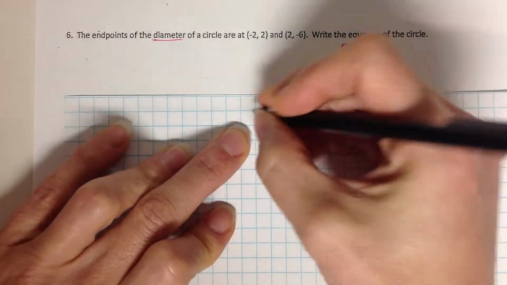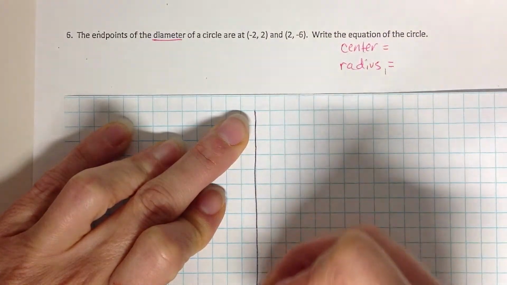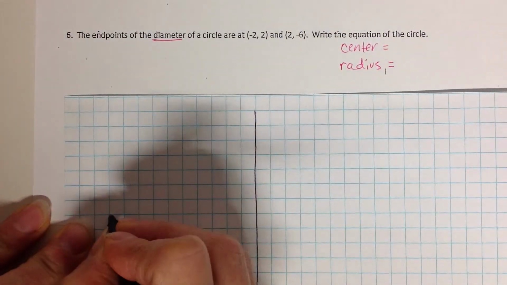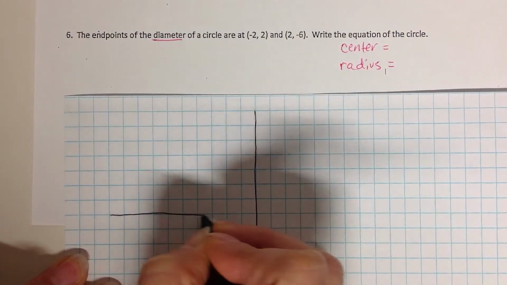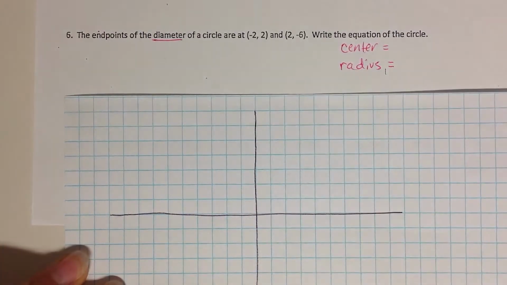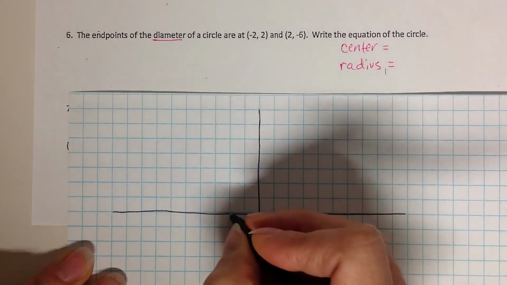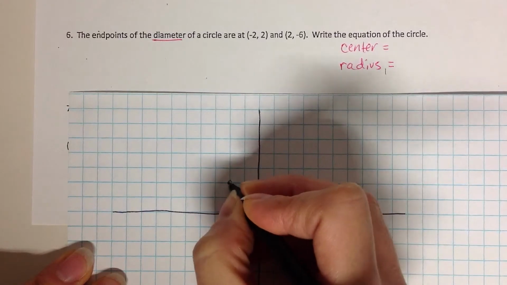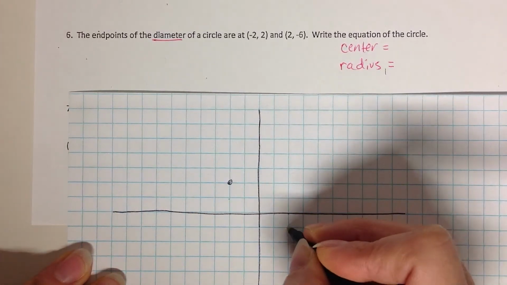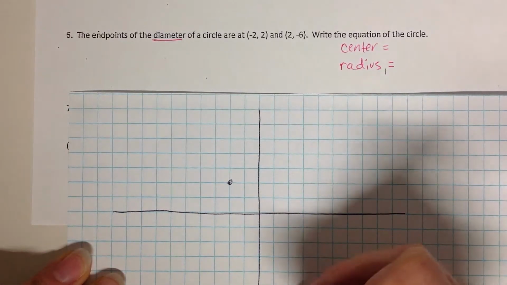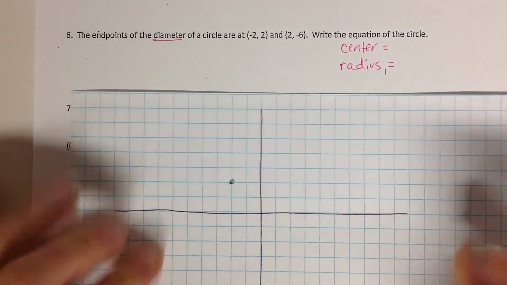So let's use black here for my axes. Making sure I'm staying big enough here. Okay, -2, 2, and 2, 1, 2, 3, 4, 5, 6, 2, -6.